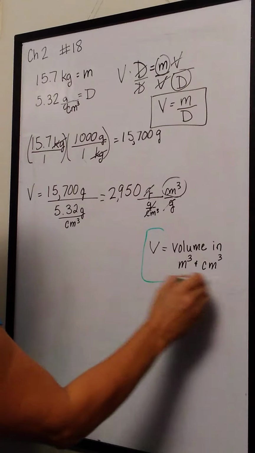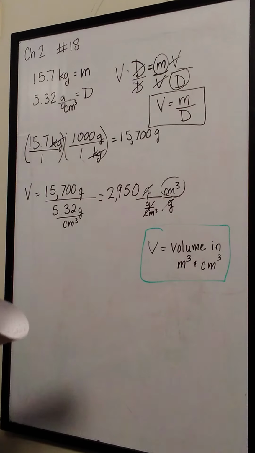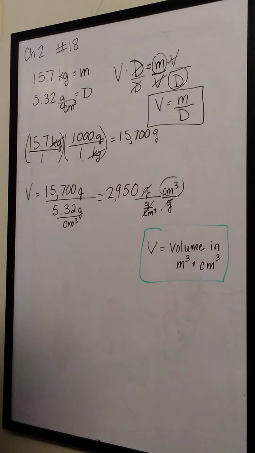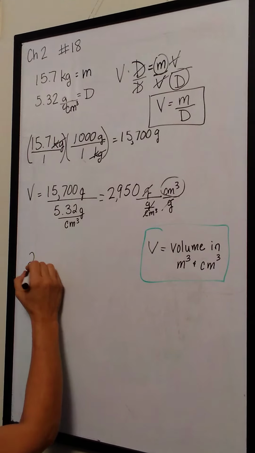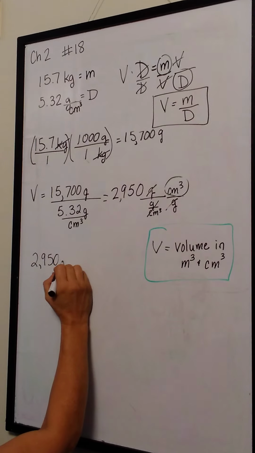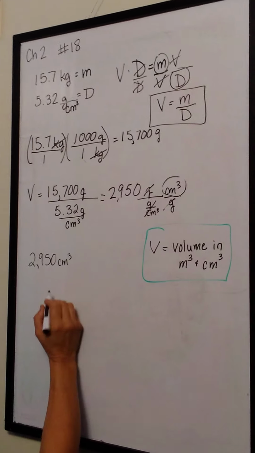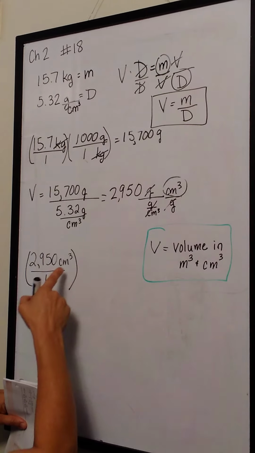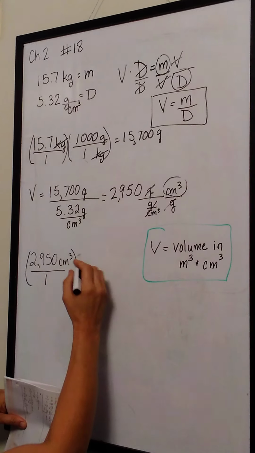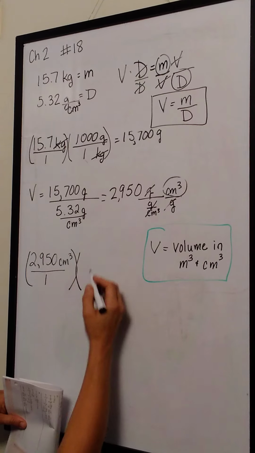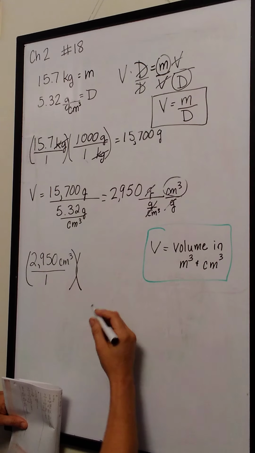And lastly, because we want our volume in cubic meters as well, we'll just do a unit conversion down here. We'll start with 2,950 cubic centimeters over 1. We need to get rid of that centimeters to meters. So we want meters on the top. We want meters cubed.